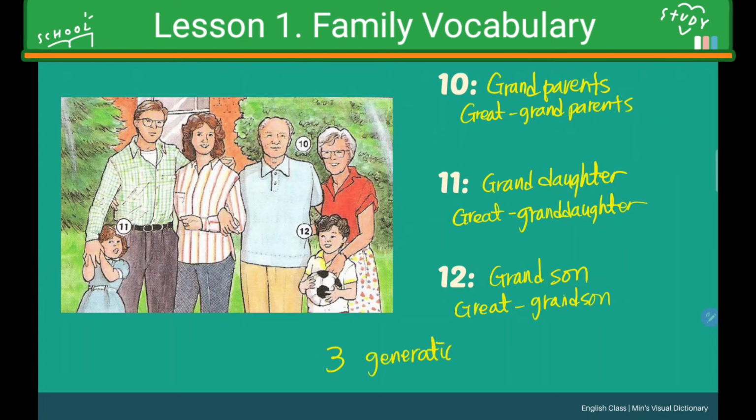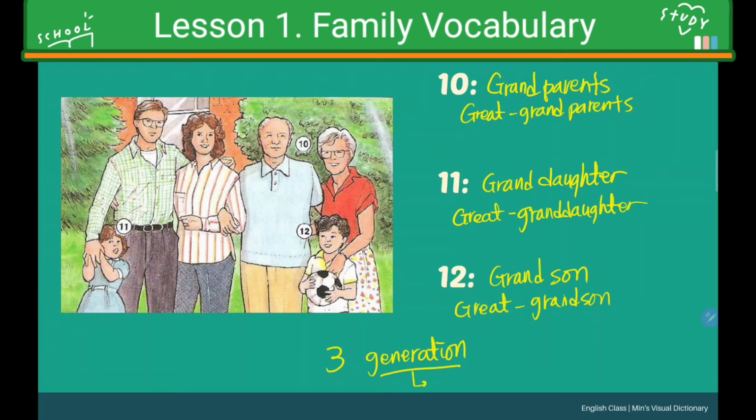And now we have the three generations. Generation means people who are born at the same period of time. Your mom and dad are pretty much born in the same era, and your grandparents are born around the same ages.